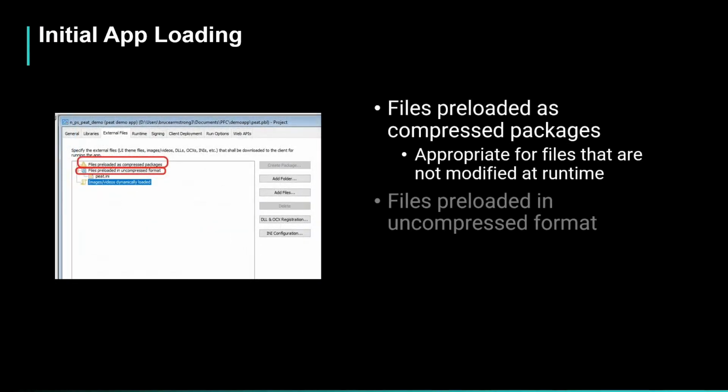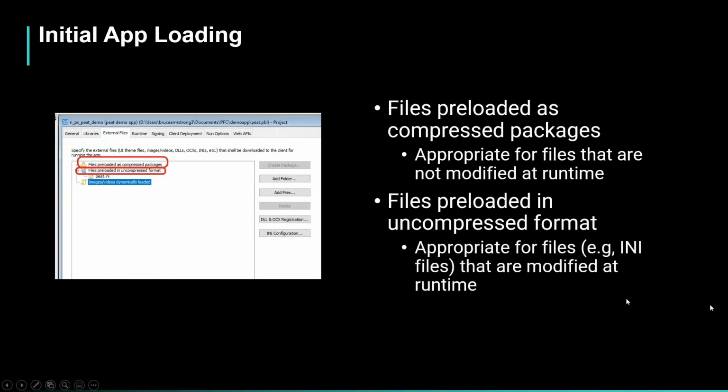One more thing to look at for initial app loading is whether the files that you are going to bring down and preload will be in compressed packages or in uncompressed packages. That makes a difference as well, since when you're going to access them, if they're in a compressed package, they're going to have to be uncompressed.